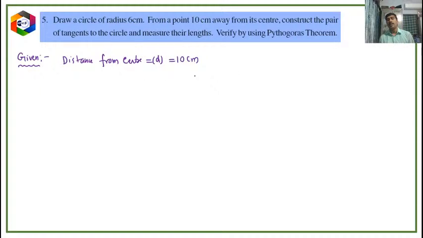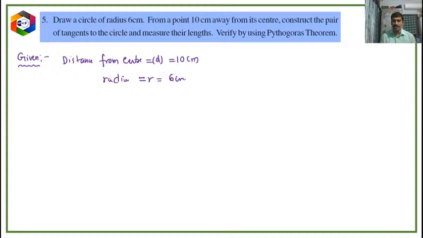Yesterday, when the angle between the tangents was given, we calculated the distance using the sine idea. If the distance is given, it becomes easy, and the radius is also given. R is equal to 6 centimeters.